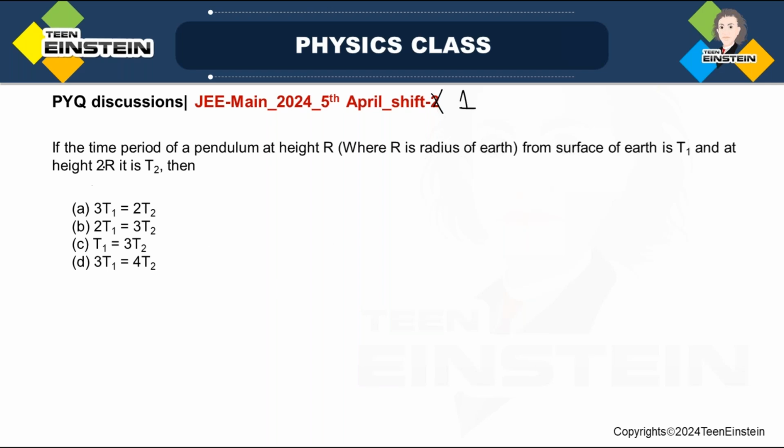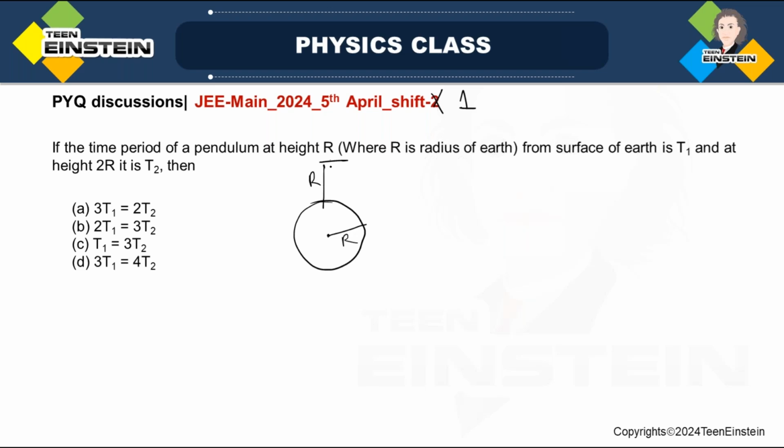The question says, if the time period of a pendulum at height r, where r is the radius, from the surface of earth is t1, that means some person has gone with a pendulum up to r height from the earth surface.